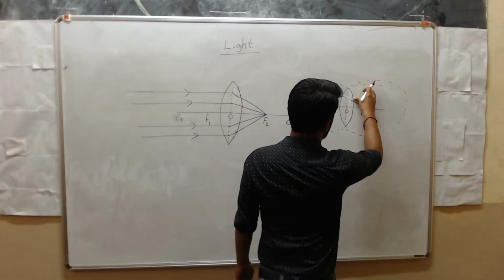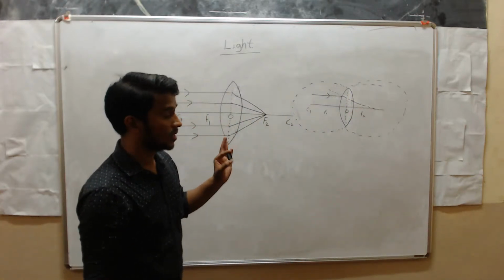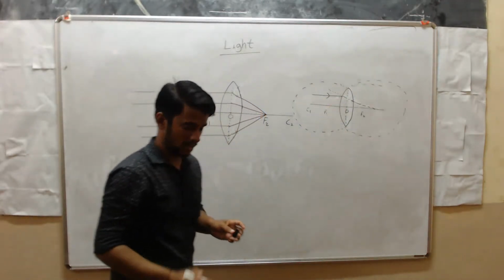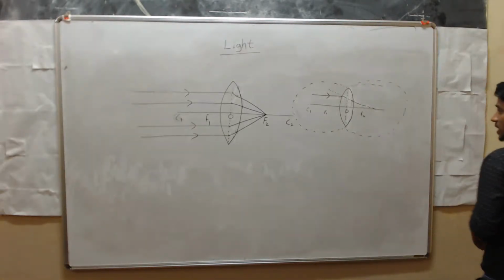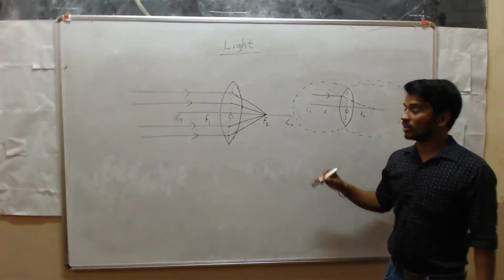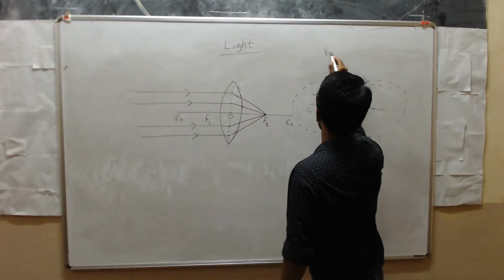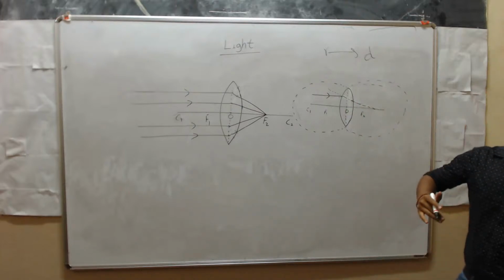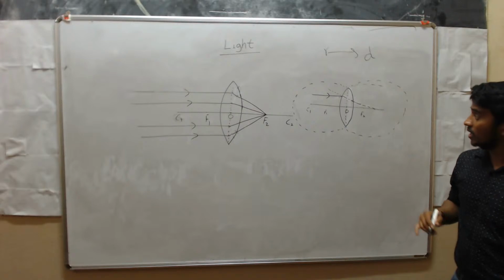Our ray of light is now traveling from air medium to glass medium, because this is a lens. A lens is made up of glass, right? So our ray of light is traveling from rarer medium to denser medium. If a ray of light travels from rarer medium to denser medium, how does it bend? It bends towards the normal.